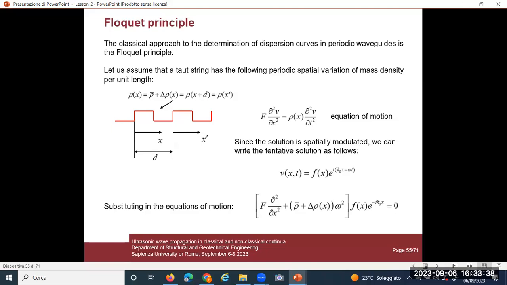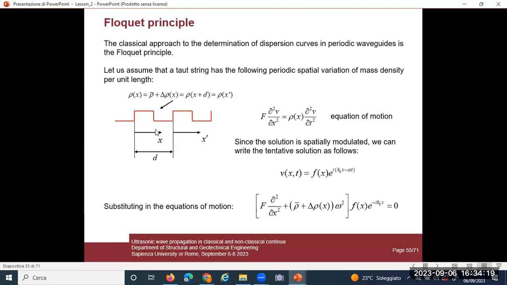Here, it's a totally different story. Let us consider a one-dimensional system to keep it simple. Let us consider a system like that, a one-dimensional axis. Let's pick up a taut string, as we did before, same equation, but the only difference with respect to what we did this morning is that this time the density is no longer constant.